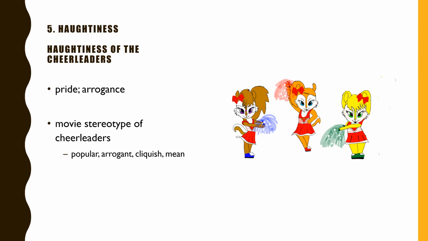They're the popular ones, they're the more arrogant ones, they're very cliquish, they only hang around with themselves, and they're kind of mean to a lot of people. And that's the kind of impression we get ingrained with about what cheerleaders are. And that idea is the haughtiness of the cheerleaders we're referring to.